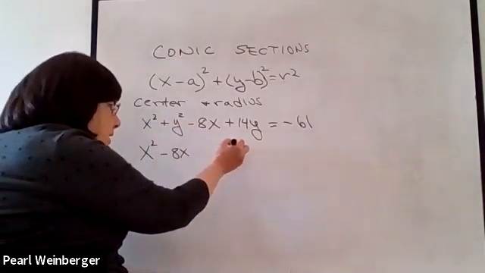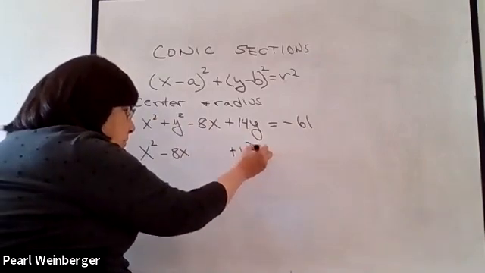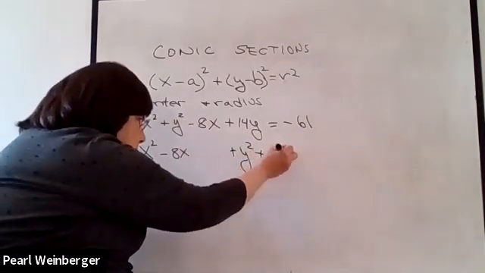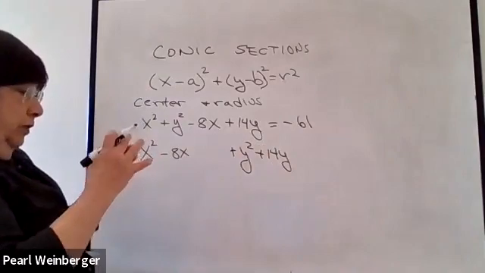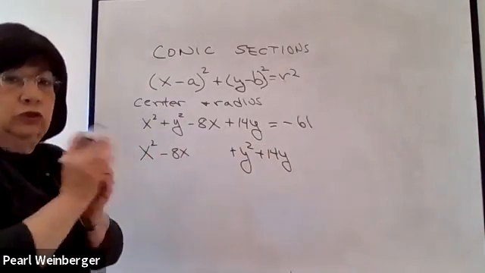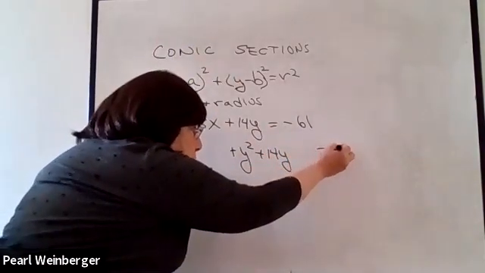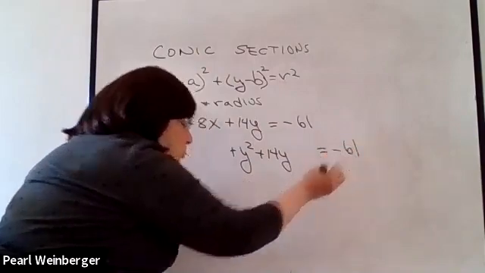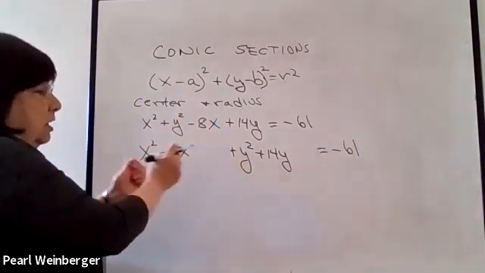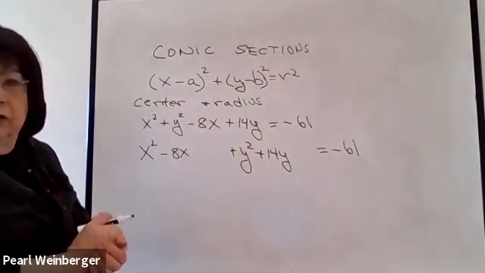So the next thing I have is a y squared and a 14y. And again, I'm going to leave a space. And any number that doesn't have either an x or a y in it is going on the other side, which it already is.